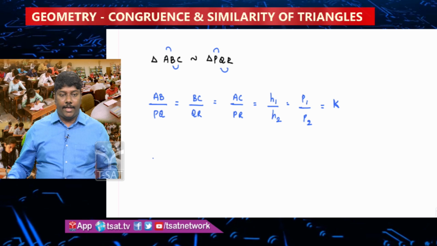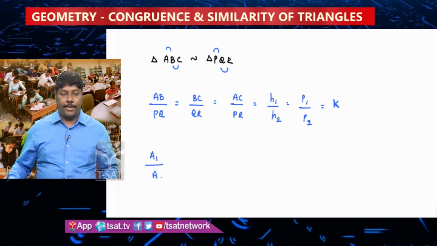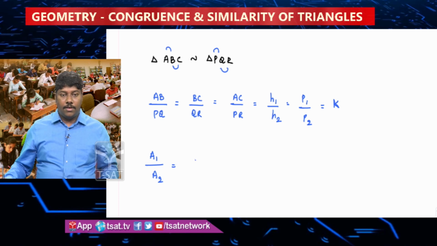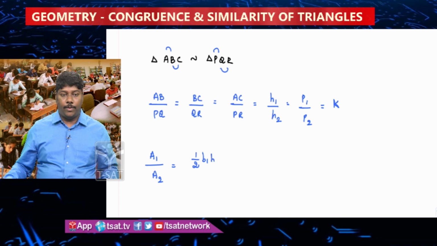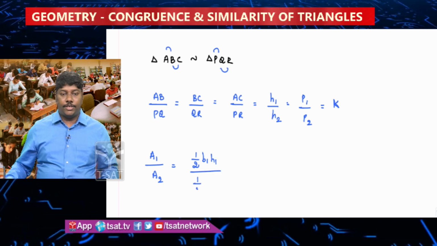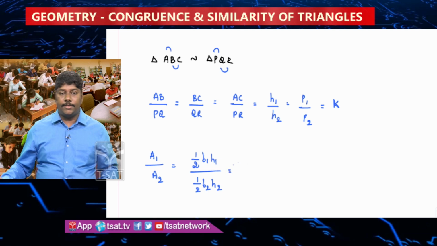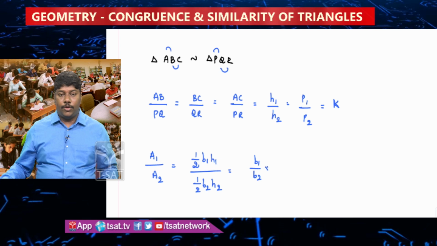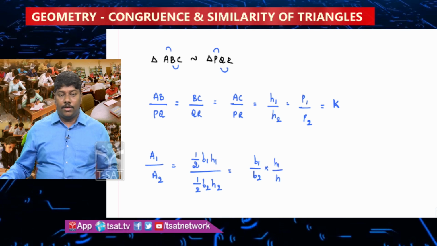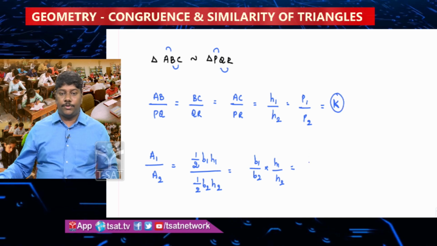When it comes to their areas, area of the first triangle by area of the second triangle. Area is half into base into height, so half into base 1 into height 1 by half into base 2 into height 2. 1 by 2 anyway gets cancelled. Therefore, you will get B1 by B2 into H1 by H2. Their ratio is equal to K, I have taken.